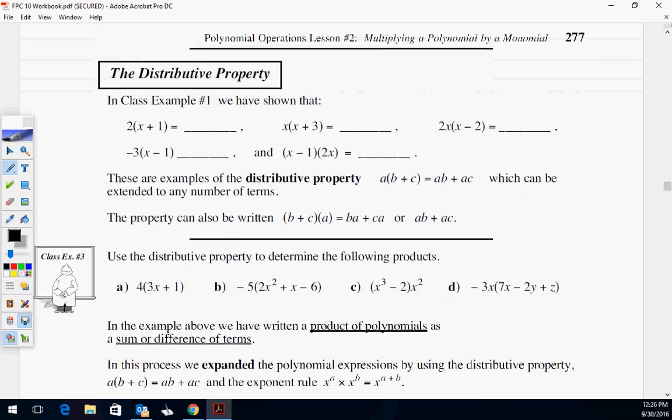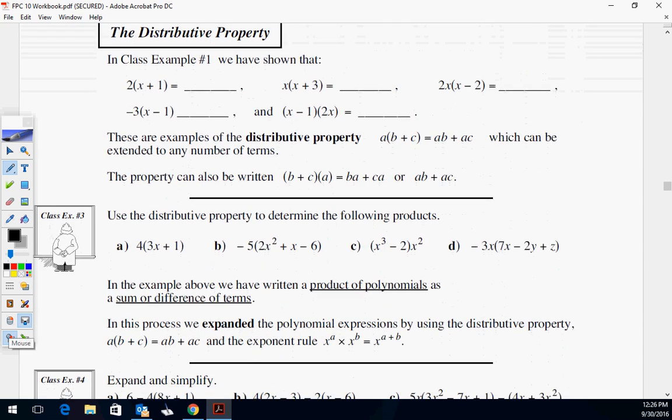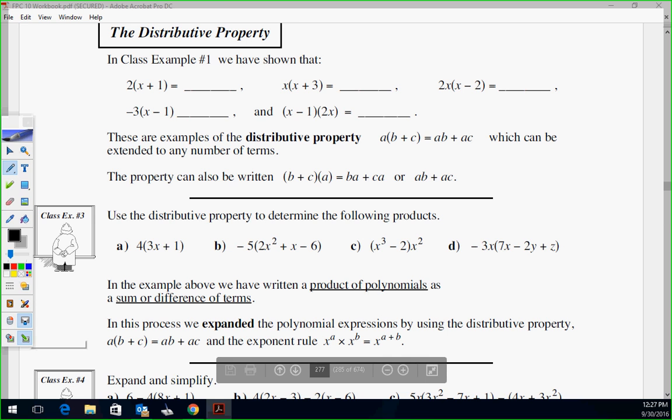All right, so we'll do this last page here. So distributive property. Distributive property is what we've just been doing, where you have a monomial outside of a polynomial, or a binomial in this case. You're going to distribute it to both terms. Like that. X times x is x squared plus 3x. Here, 2x squared minus 4x.